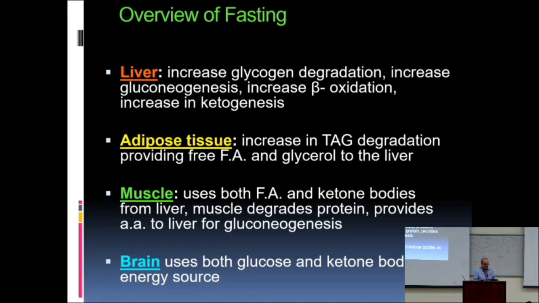During fasting, you want to think of two hormones that are going to be elevated in the bloodstream, glucagon and epinephrine. And both of them are going to control much of metabolism.